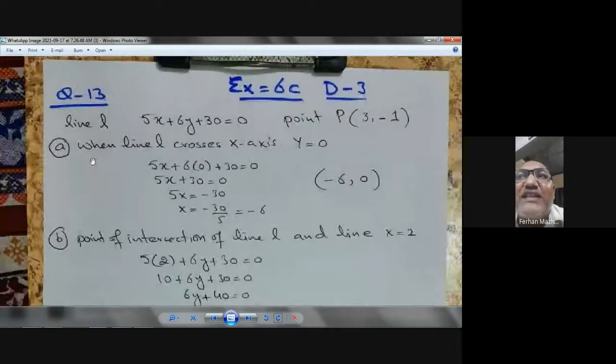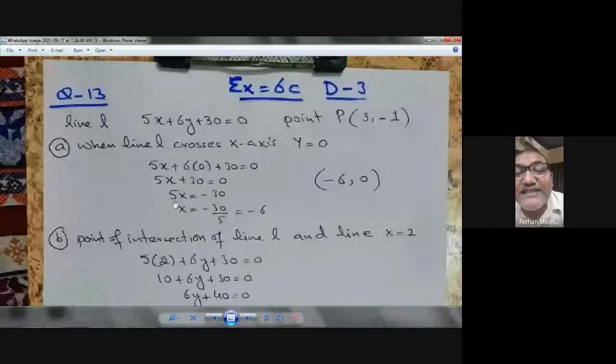So we will write: when the line L crosses the x-axis, 100% y will be 0. So in the equation of the line L, in the place of y, I will substitute 0. Now you have 5x plus 6 times 0 plus 30 equals 0. So you will have 5x, this thing becomes 0, plus 30 equals 0. Plus 30 will go on the other side, so you will have minus 30, so 5x equals minus 30. This 5 is multiplying with the x.